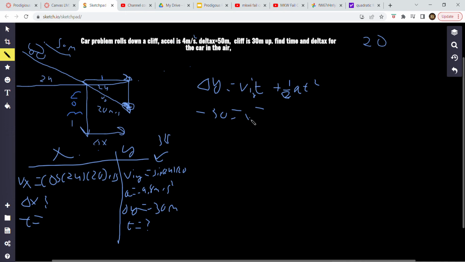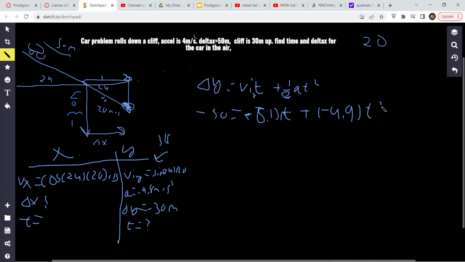We're going to get 8.13. So negative 30 is equal to 8.13 t plus negative 4.9 t squared.